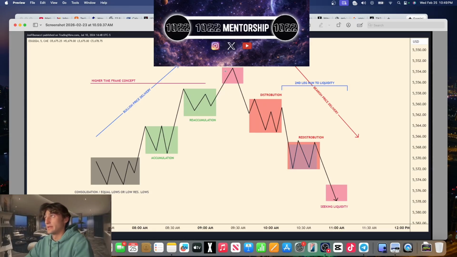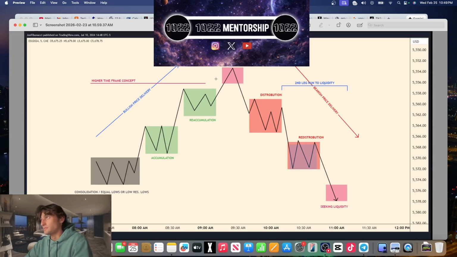That's where the next stage comes in, the manipulation. So maybe we have some equal highs up there, maybe a higher time frame imbalance, a daily or opening range gap, a weekly gap, a new week opening gap, some sort of higher time frame concept that indicates we're going to reverse here.